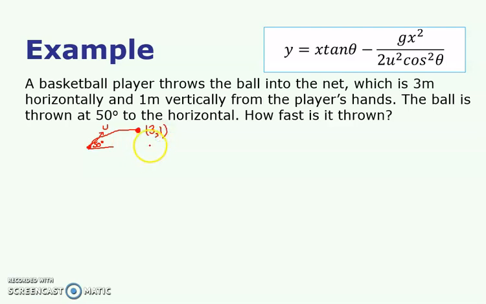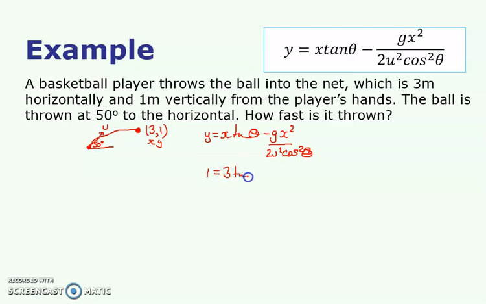It's at a height of 3, 1. If you like, that's my x, that's my y. So I can just substitute this into my equation. My equation says y equals x tan theta minus gx squared over 2u squared cos squared theta. And a lot of this information I now know. Y equals 1 equals 3 tan theta.